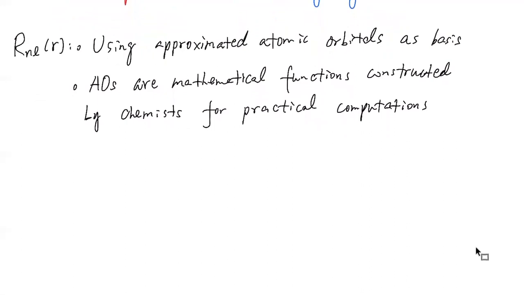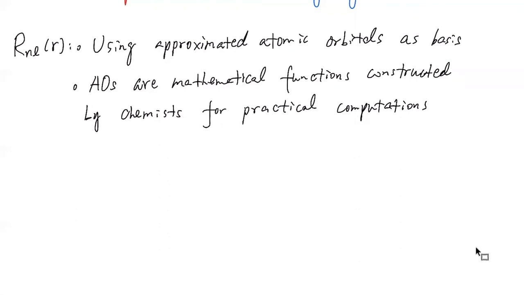You should, of course, add good properties. For instance, what are the exact behaviors for the exact solutions? If you can, you should add more good properties into these mathematical functions, so that these approximated mathematical atomic orbitals really resemble the exact physical solution.